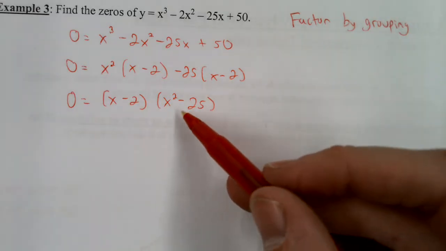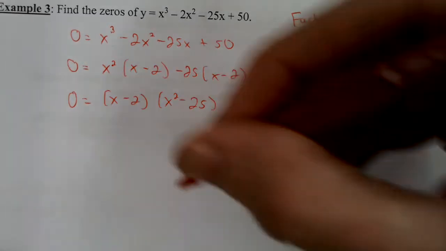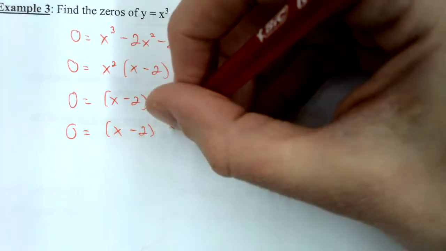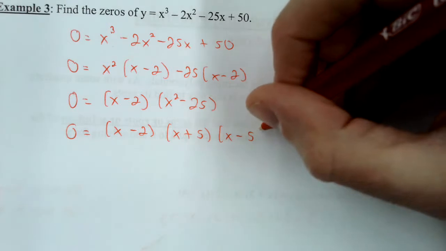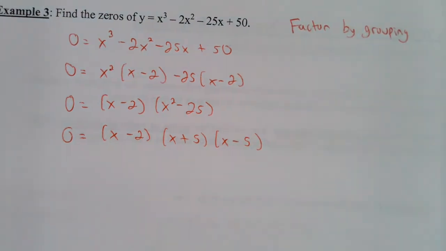So this is going to factor to become x plus 5 times x minus 5. Now it's in factored form.